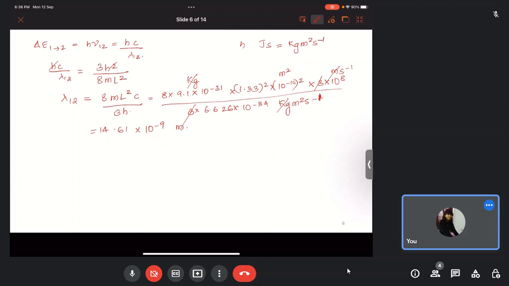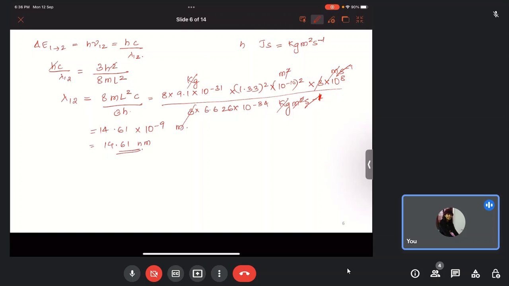So these will cancel, and this makes the unit to be meter. So this is going to be 14.61 nanometer.